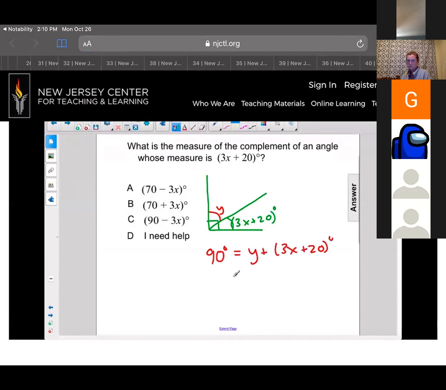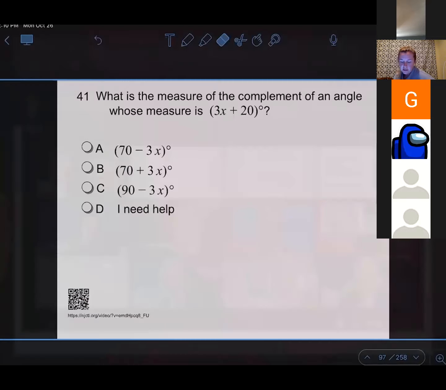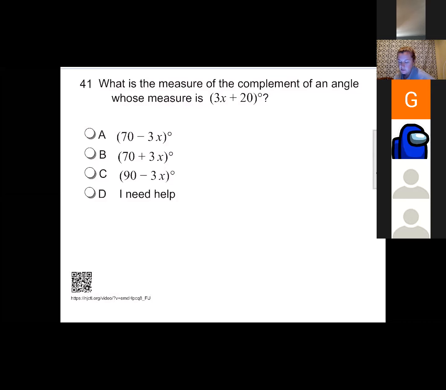And if we solve for y, that gives us 70 degrees minus 3x. And so that is 70 minus 3x degrees, and that is A. So she took the total, which she knew was 90, and then subtracted just this piece out because that's what would be left over, which is where they came up with that 70.